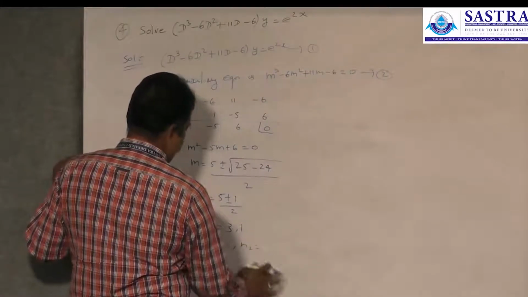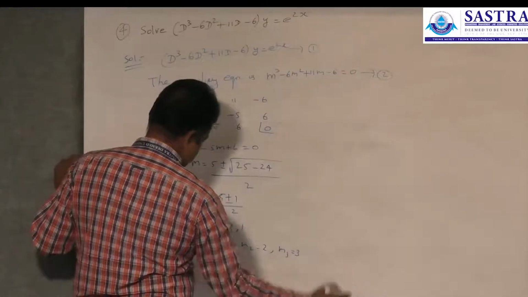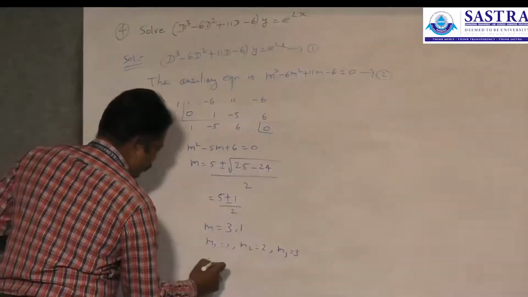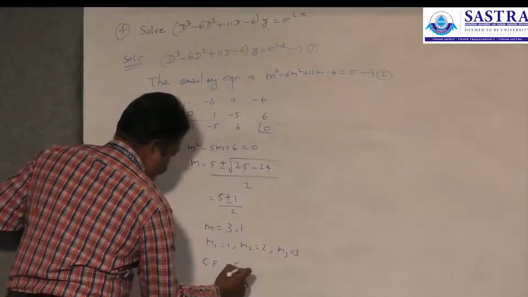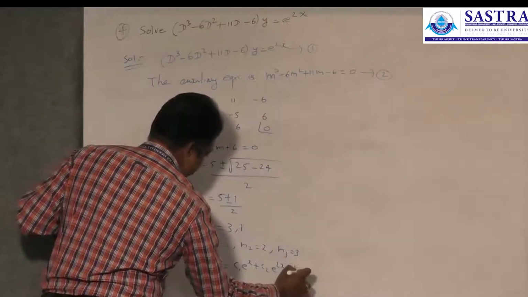So m1 is equal to 1, m2 is equal to 2, m3 is equal to 3. The complementary function is c1 e power x plus c2 e power 2x plus c3 e power 3x.